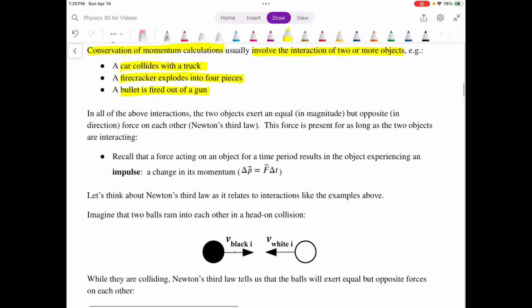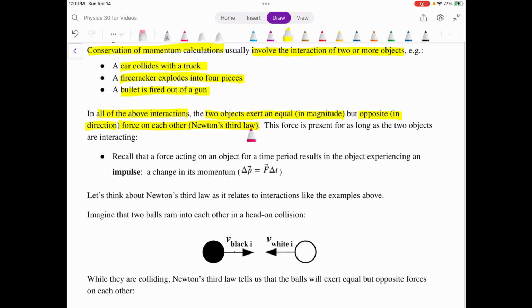Now, in all of the above interactions, the two objects exert an equal in magnitude but opposite in direction force on each other. That's just Newton's third law. So that's why I said, based on stuff you already know, we'll see how the law of conservation of momentum becomes unavoidable. There's no way momentum couldn't be conserved when two objects interact.